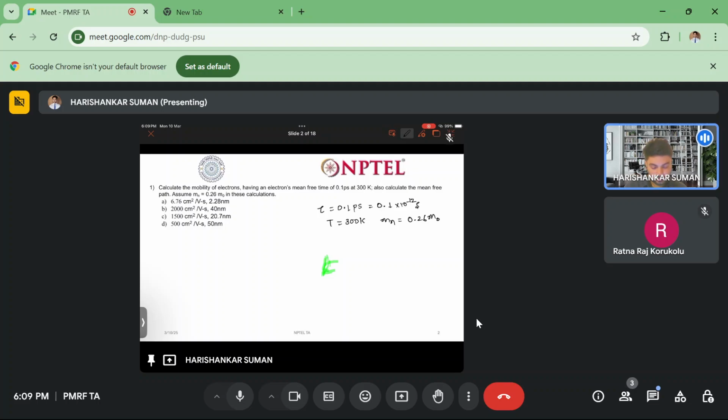So how can you calculate the mobility? Also the mean free path length, let's say L.